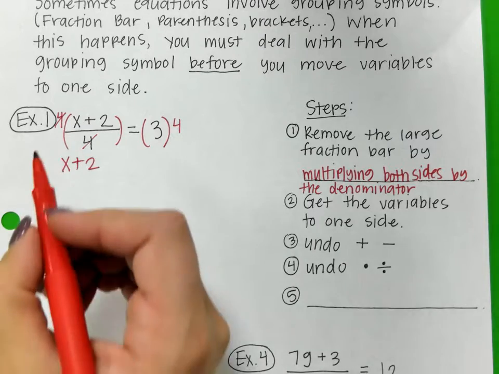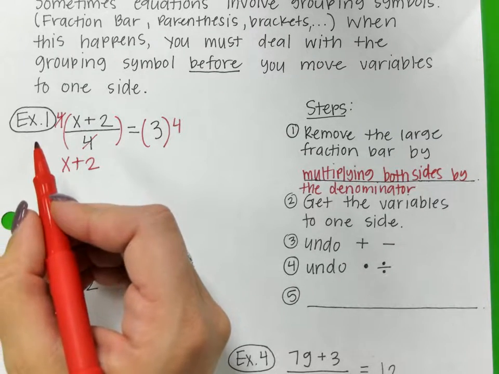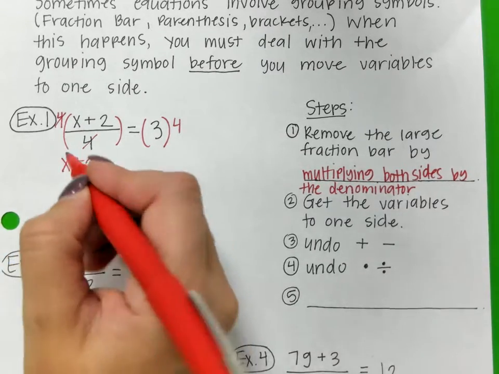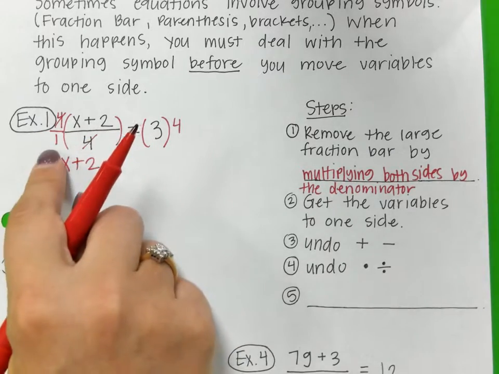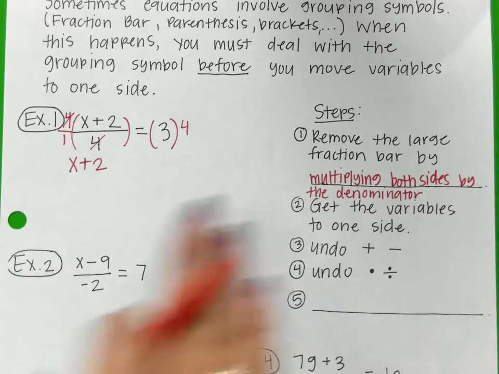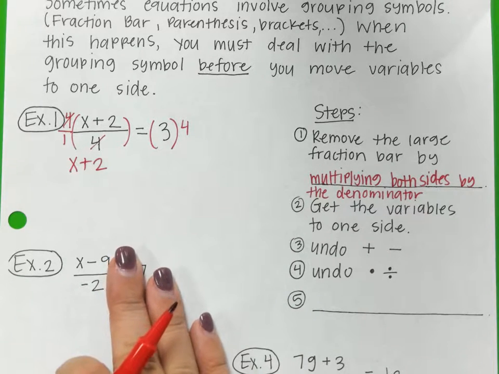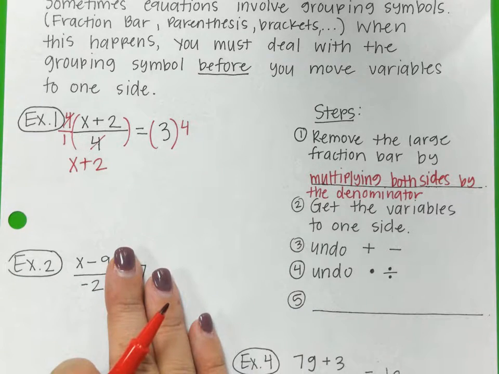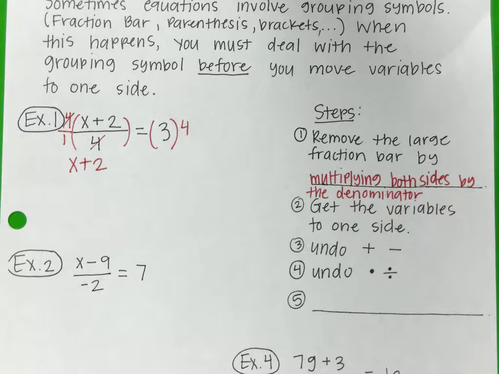Okay, so think about this as 4. If I put 4 as a fraction, it's 4 over 1, right? Remember, if you're multiplying fractions, you just multiply straight across. Or what else can you do before you multiply straight across? You can cross cancel.